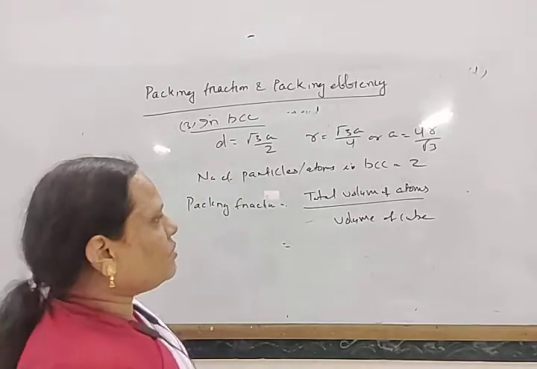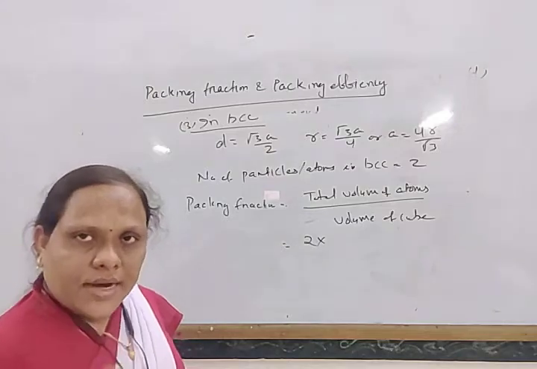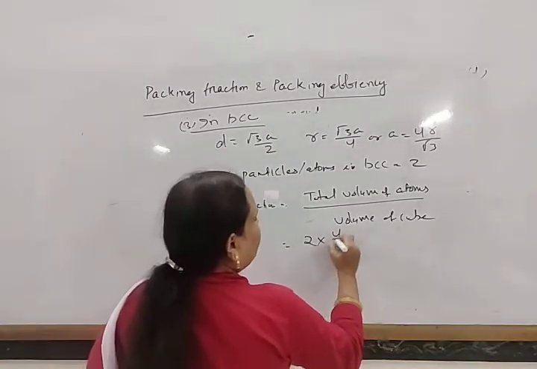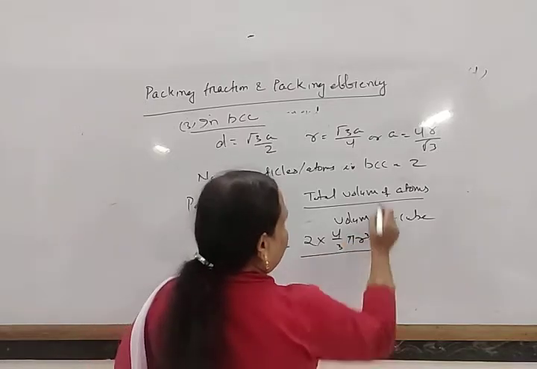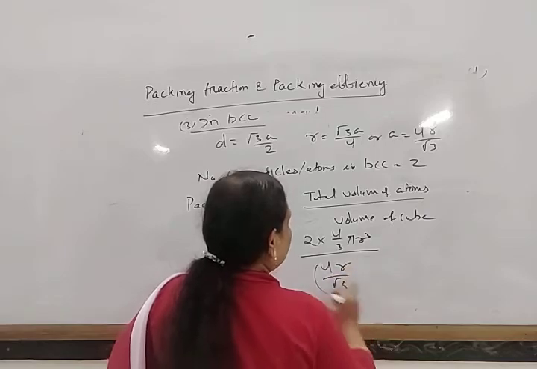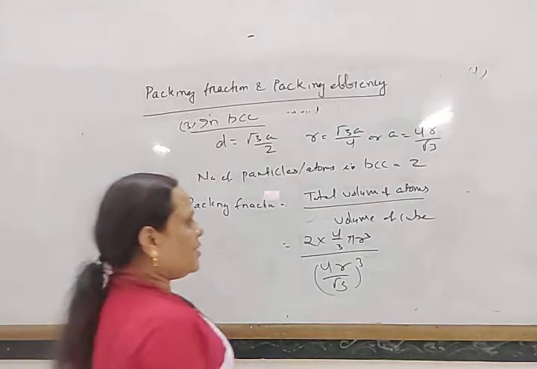So total volume of atoms, there are 2, and as the radius of the sphere is r, its volume is 4 by 3 pi r cube, divided by 4r by root 3 cube.